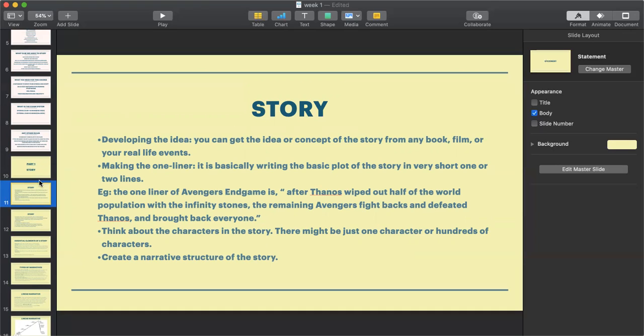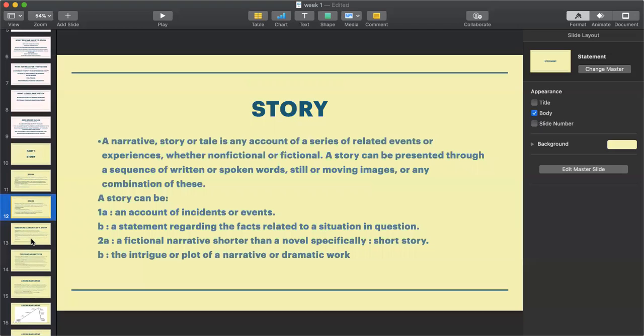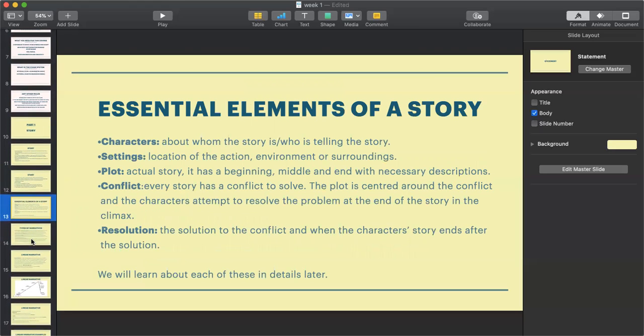So the story we have discussed: the narration, what is a story, what a story can be, an account of events or incidents regarding a fact related to a situation, fictional narrative, non-fictional narrative, etc. These essential elements of the story we have discussed: characters, settings.